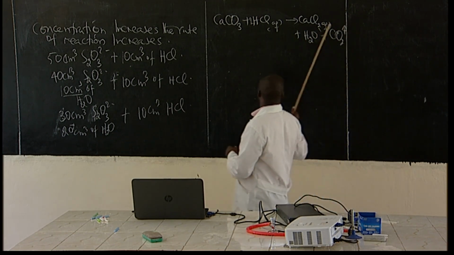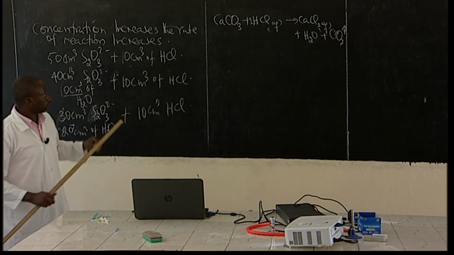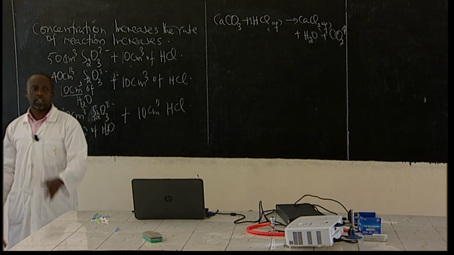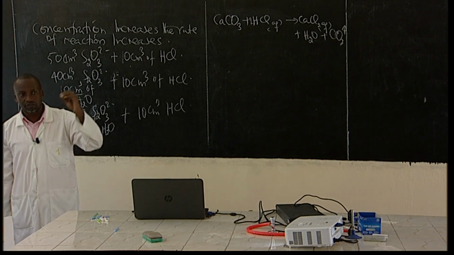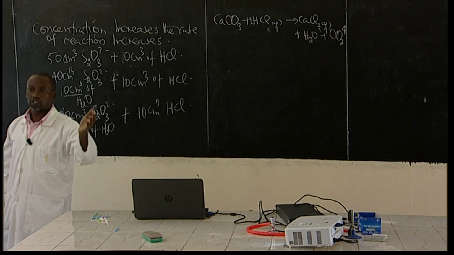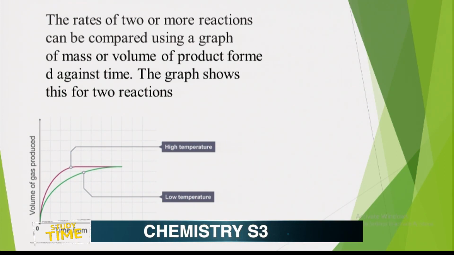That is the gas being produced. So now we are comparing two reactions occurring at different temperatures, where one is higher than the other or one is lower than the other.